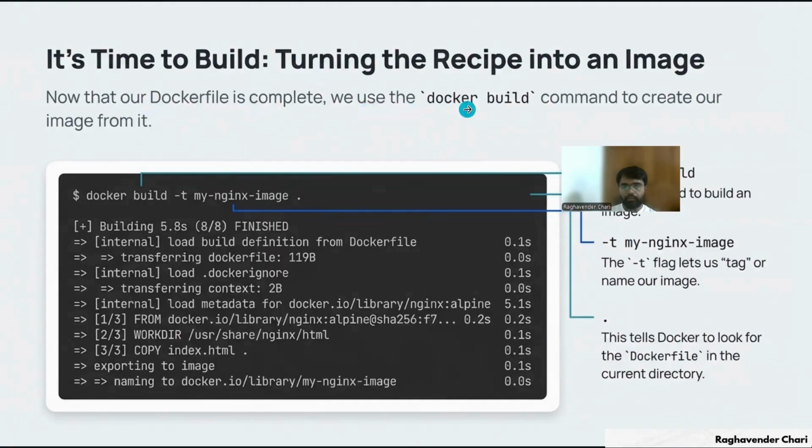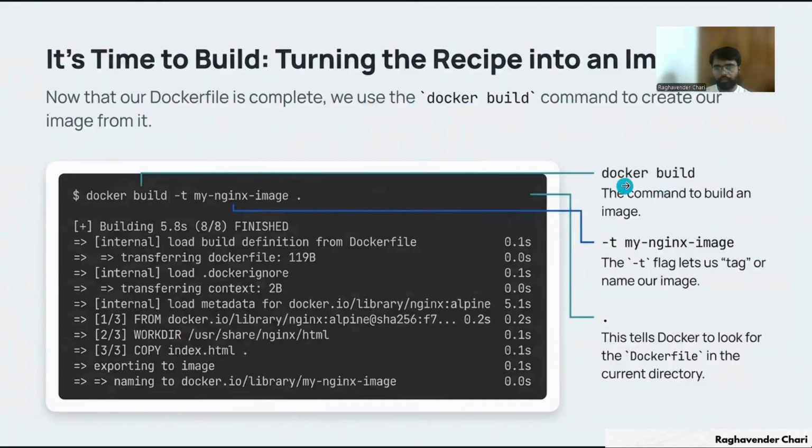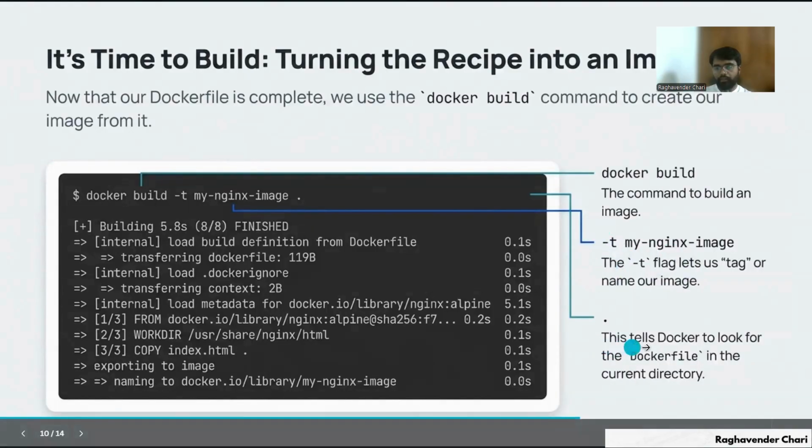Docker build is the command to build an image. In -t my nginx image, the -t flag lets us tag or name our image. To name our image we use -t. The dot tells Docker to look for the Dockerfile in the current directory.